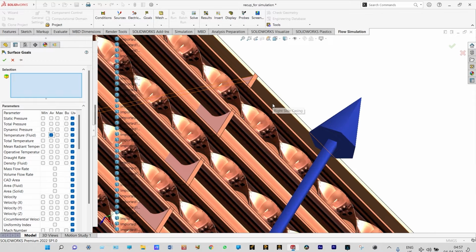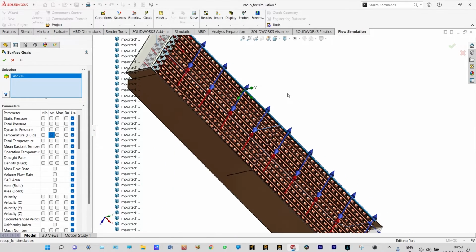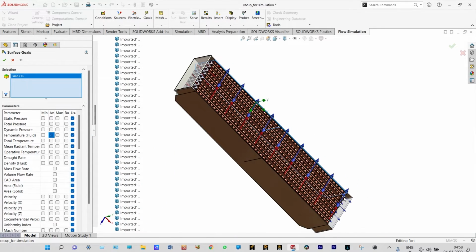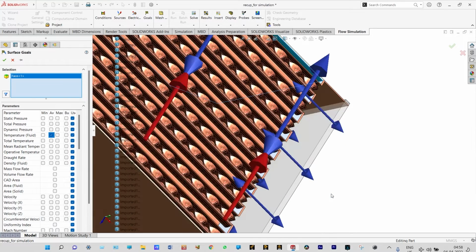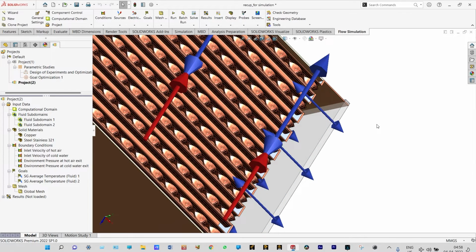This is the exit surface of hot air, that is indicated by phase 1, and this one is the exit of cold water, indicated by phase 2, and we will create these goals separately. Green check. Both the surface goals are defined.